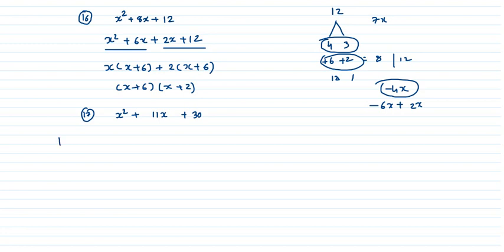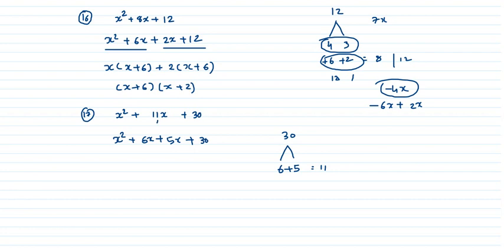Here it's almost the same thing, with 30. You need to break down the 30 where you should get 11 as the answer. It is very simple: 6 fives are 30 and 6 plus 5 is also 11. So simply x square plus 6x plus 5x plus 30.